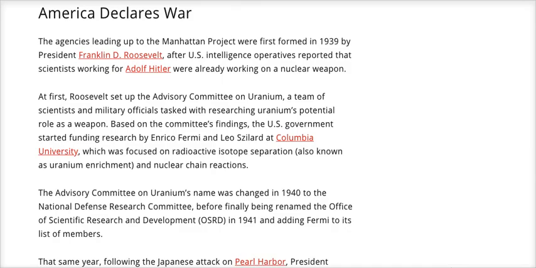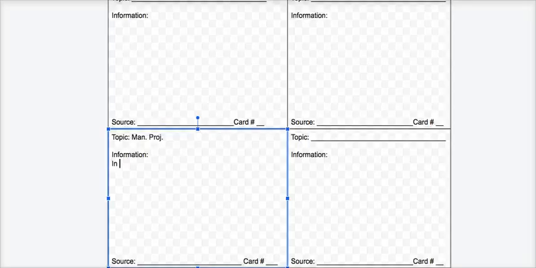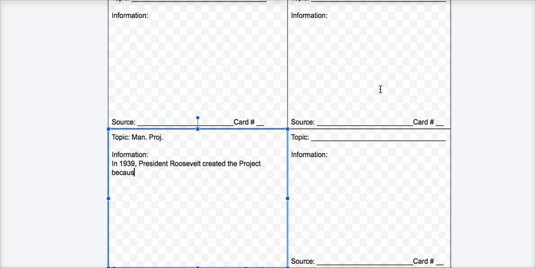Let's double check my date. 1939, President Roosevelt created the project because Americans were afraid that Hitler and Germany had already developed a nuclear weapon.